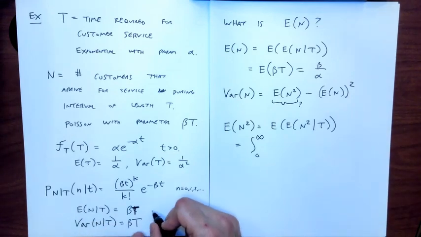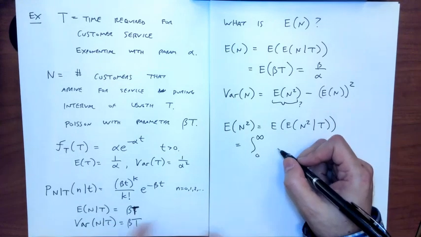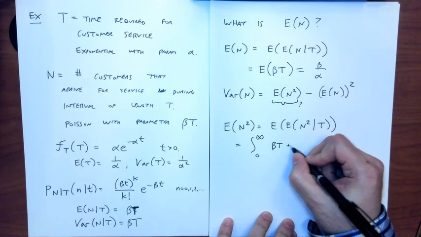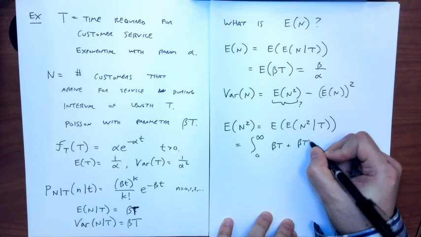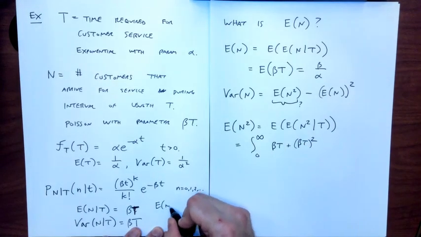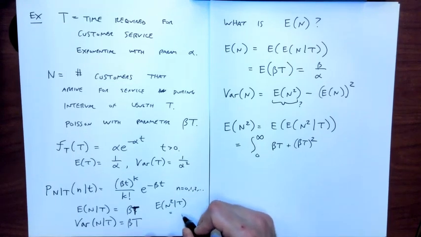The conditional expected value of n squared here is going to be beta t plus beta t squared. It's the variance plus the mean squared.